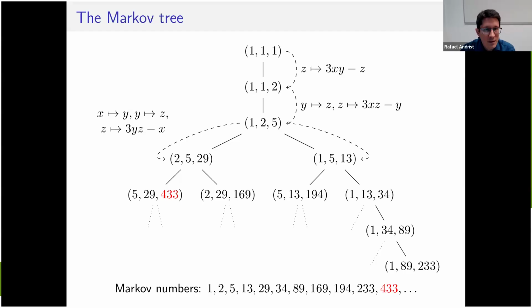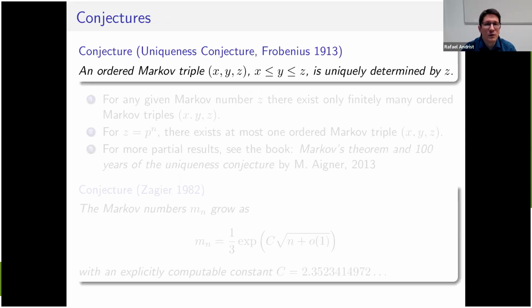And people have investigated this from the viewpoint of Diophantine equations for a long time. So the first important conjecture is due to Frobenius. And he considers ordered Markov triples. I mean, since you can always permute them, we just require that x is less than y and y is less than z.